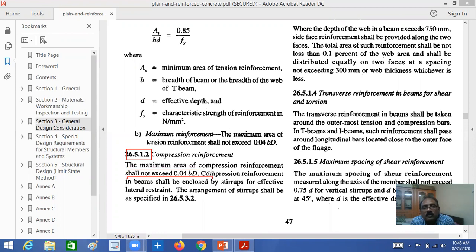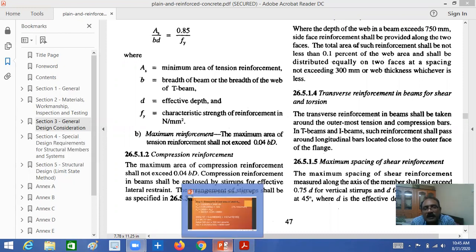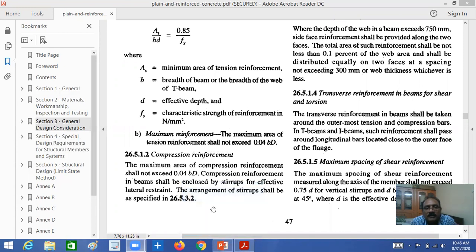So from this formula we have taken it. You can check in the design considerations section, annexure E. For examination, this handbook is also allowed. So the maximum reinforcement should not exceed 4%.